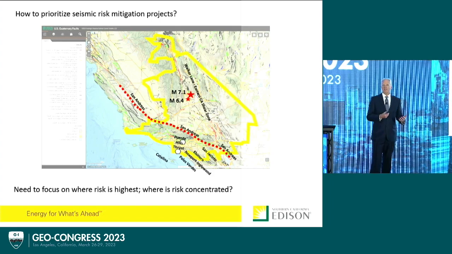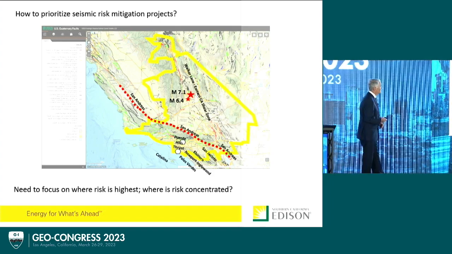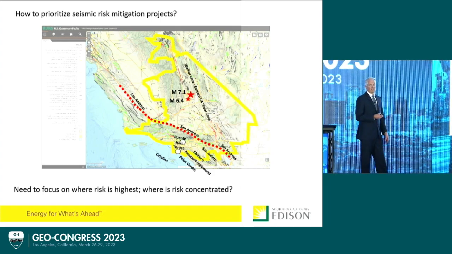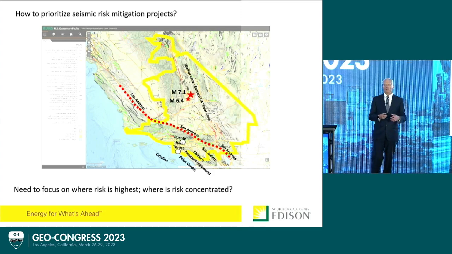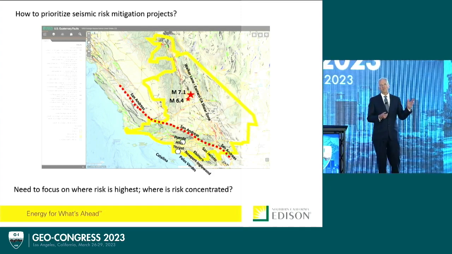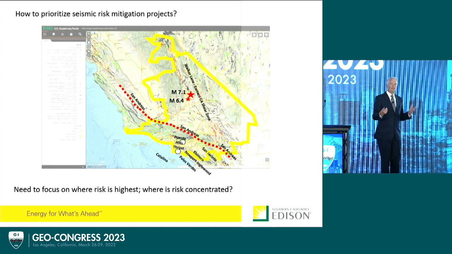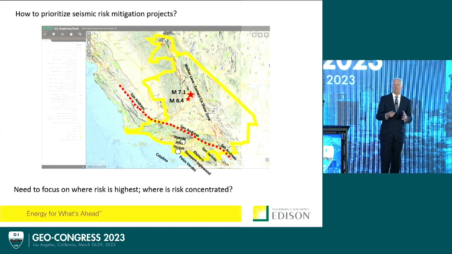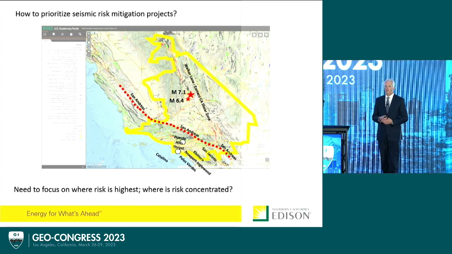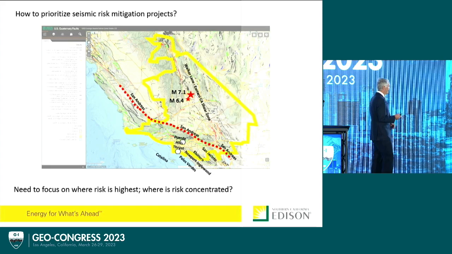So we have to be ready for anything in our service territory. I labeled the Ridgecrest sequence, 6.4 and 7.1 from 2019, as examples of earthquakes that are part of the San Andreas fault system writ large, but on one of those other secondary faults. So we really do need to be ready to respond no matter where an earthquake occurs in our service territory.